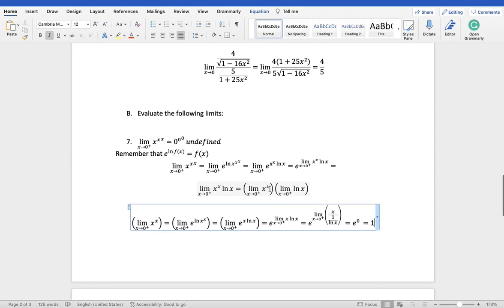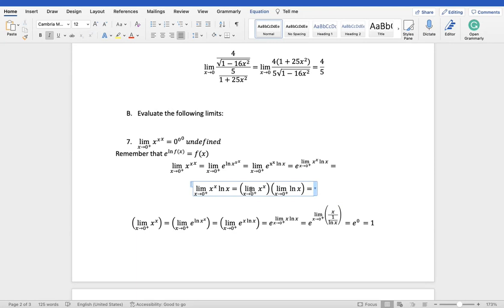Now, when you multiply it into our original expression here, you have 1 times the limit of ln x as x tends to 0 from the positive side, which is negative infinity.